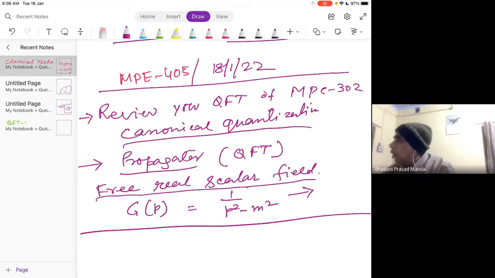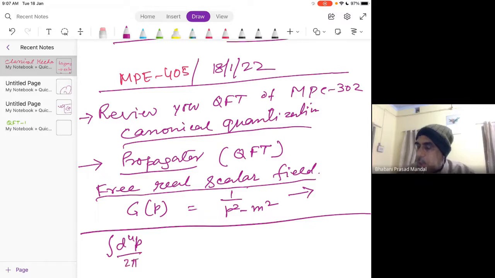Okay, good. So let us see the propagator a little bit more closely, because I told you that when you do calculations in quantum field theory, particularly we do most of the calculation in momentum space, and when we do the calculation we need an integration over all the internal momenta.